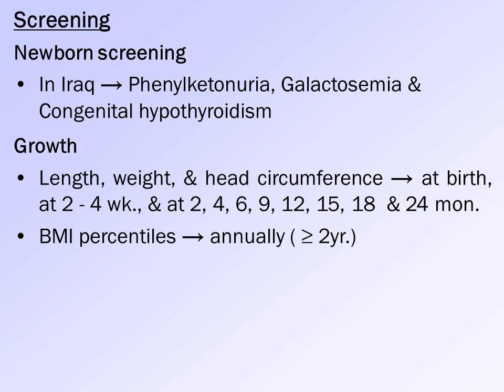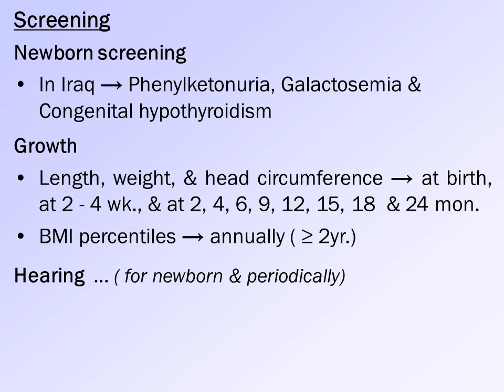This should be performed at birth, at 2 to 4 weeks, and at 2, 4, 6, 9, 12, 15, 18, and 24 months. Also, we should measure the body mass index percentile annually starting from 2 years of age.